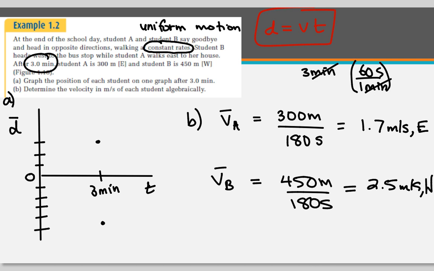And then you can see one will be steeper than the other. Same time, different distance. It's just a sketch. Gives you an idea of a positive displacement versus a negative displacement. You have positive values going up, negative values going down.